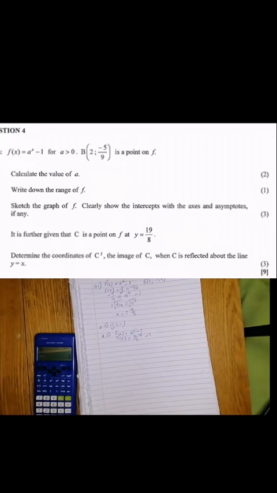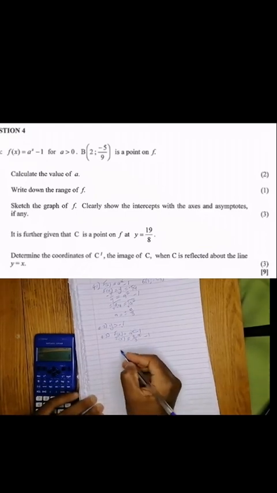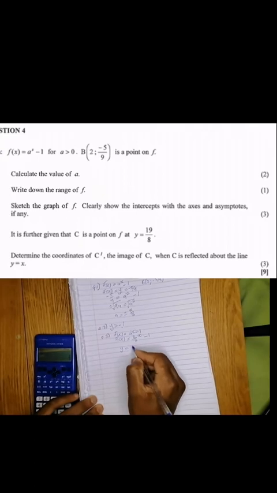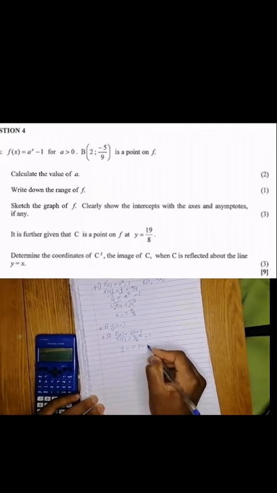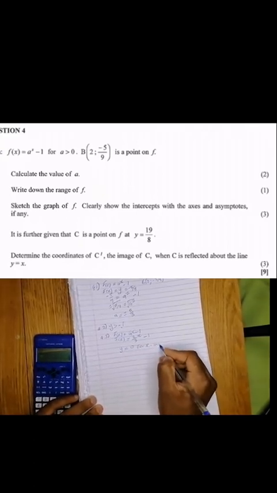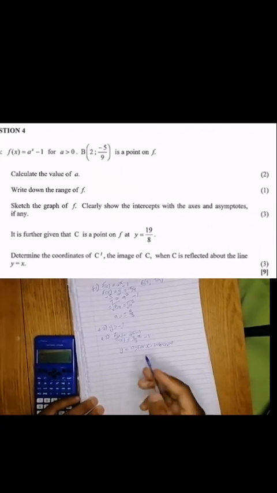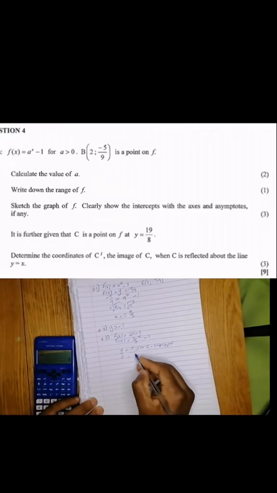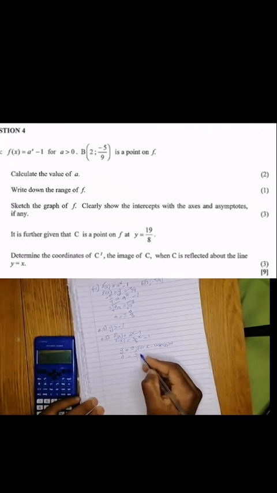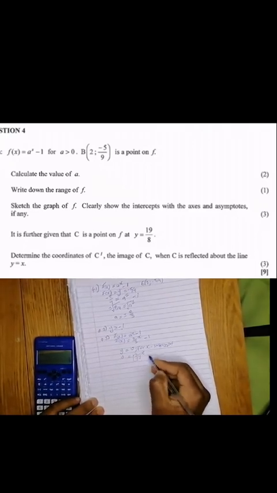So now they say we sketch the graph. We are looking for the x-intercept. For the x-intercept, where there is y, we substitute 0. It equals 2 over 3 to the power x minus 1, right?